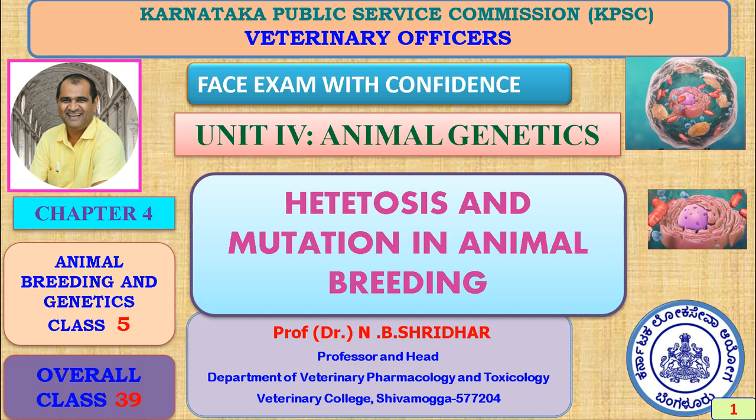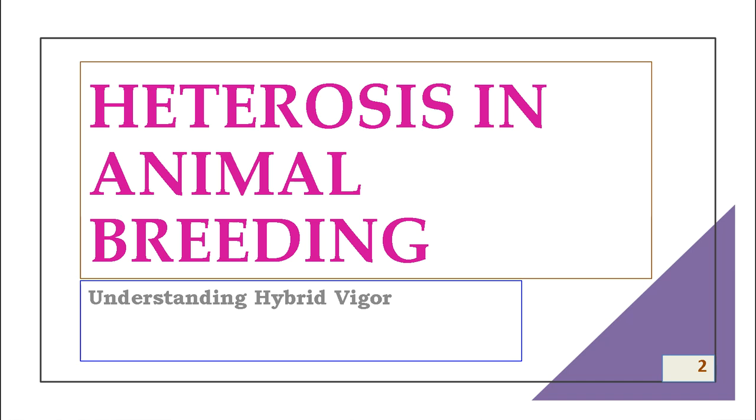Today we will see especially chapter 4, or unit 4, animal genetics and breeding: heterosis and mutation in animal breeding. This is the overall 39th class, and in animal genetics and breeding it is the 5th class, dealing with heterosis and mutation in animal genetics.